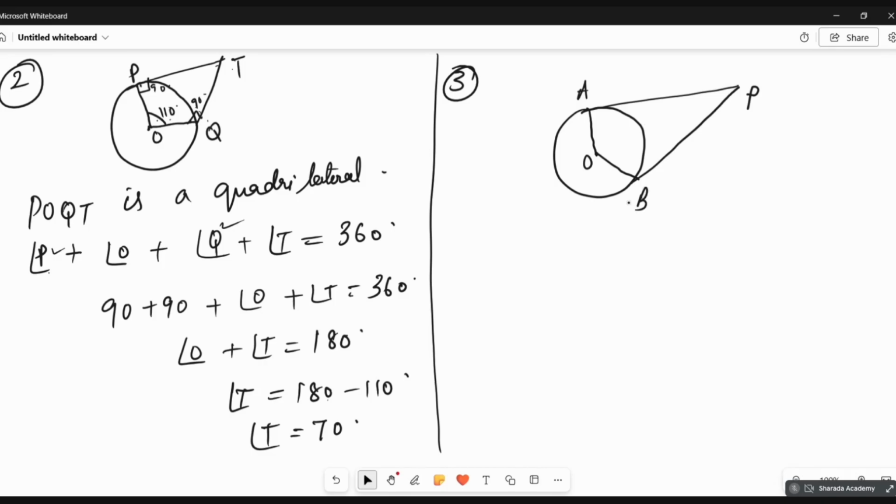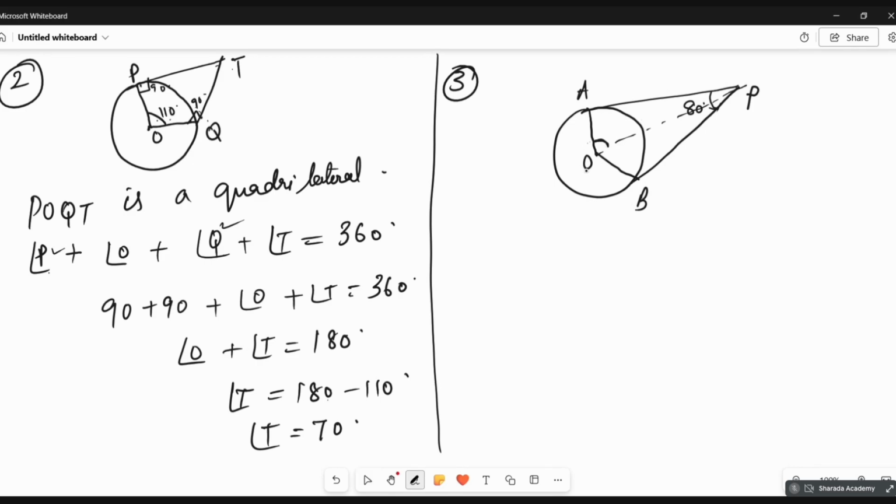Listen here, PA and PB, they are inclined at an angle of 80 degree. This is 80 degree they have given. Now you have to find POA. This angle you have to find.